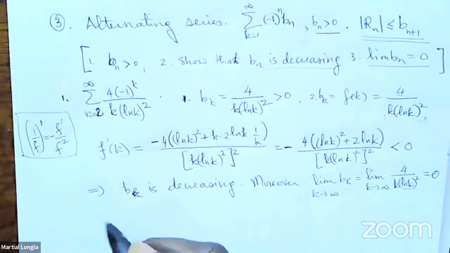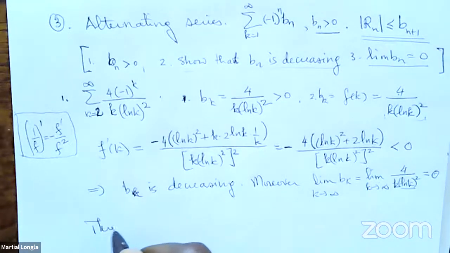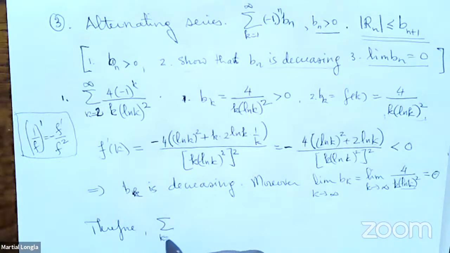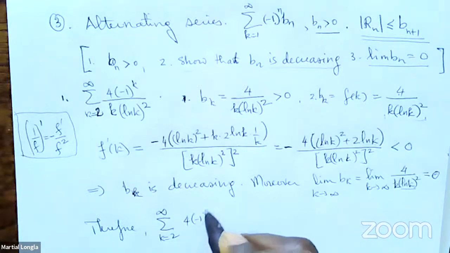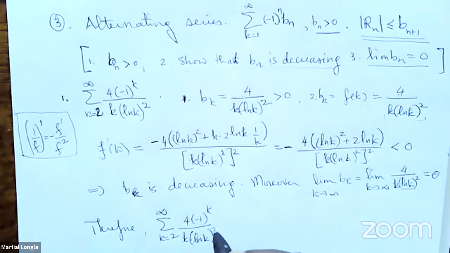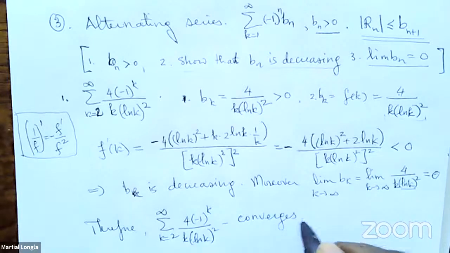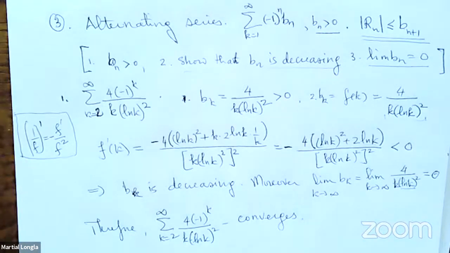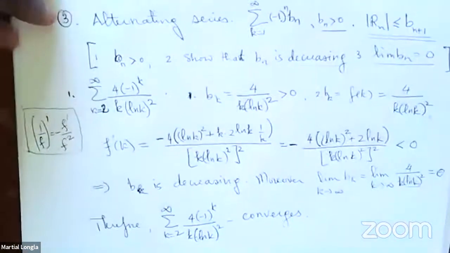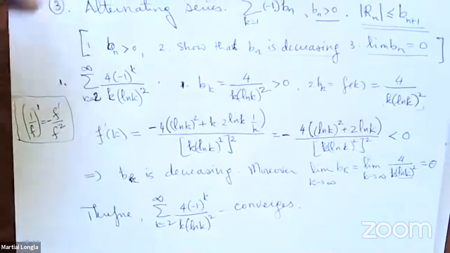So we have all the rules. Therefore, the sum from k = 2 to infinity of 4 (-1)^k over k (natural log of k) squared converges. That's how we use the alternating series test to show this.